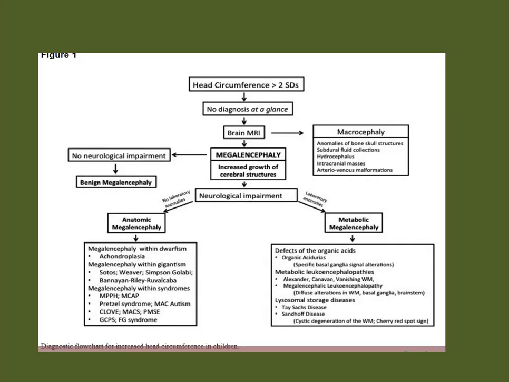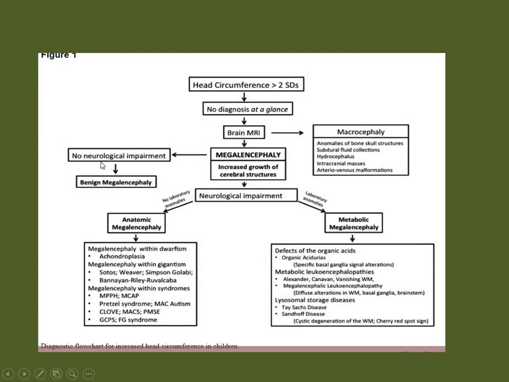So this is a flow chart of some sort. Head circumference more than 2 standard deviations is a large head or macrocephaly, and here the author says that if no diagnosis and if brain MRI is normal, it's macrocephaly, right? So he is mainly concentrating on the megalencephaly part.